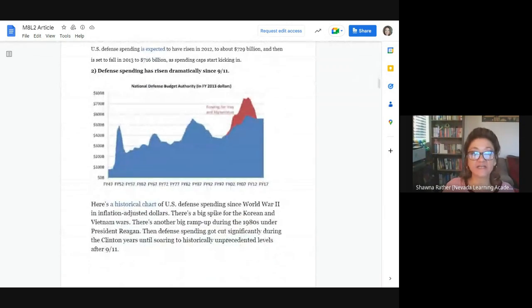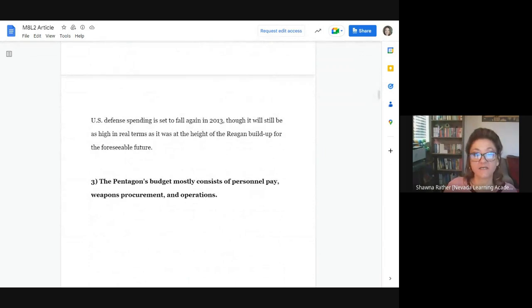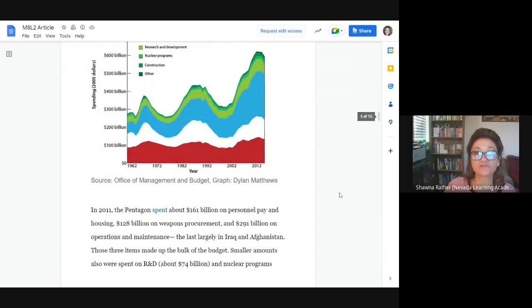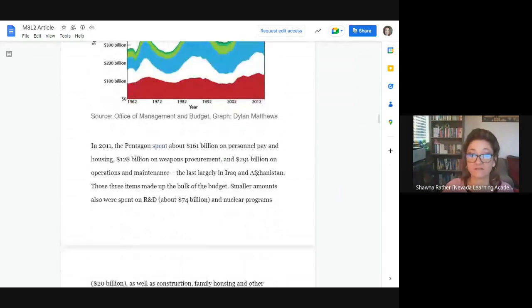And then you look at it and it tells you how much we have spent in fiscal year 2013. And it talks about weapons procurement, operations, etc. This tells you research and development, personnel, operations, nuclear programs, construction, other, how much is spent and on what, okay?